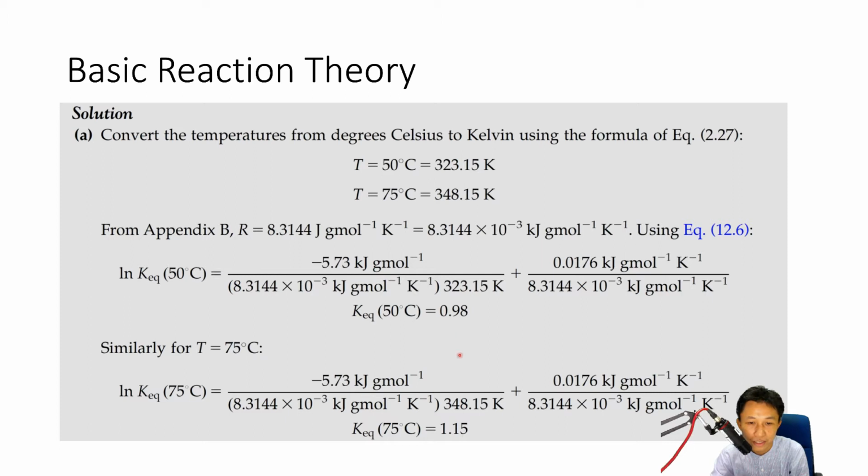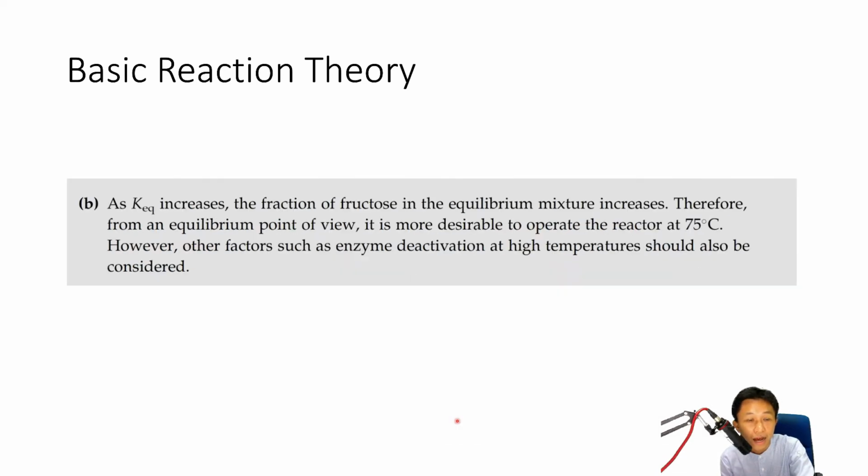So you see that the equilibrium is higher, so it produces more products than at the lower temperature. As K increases, the fraction of fructose in the equilibrium mixture increases. Therefore, from the equilibrium point of view, it's more desirable to operate at the higher temperature of 75 than the lower temperature.